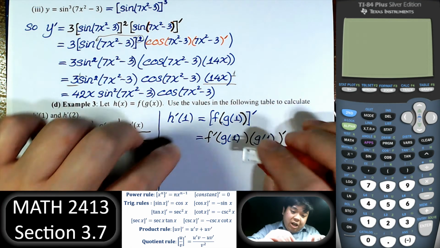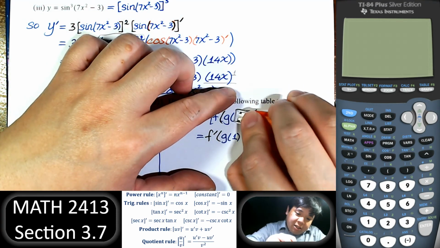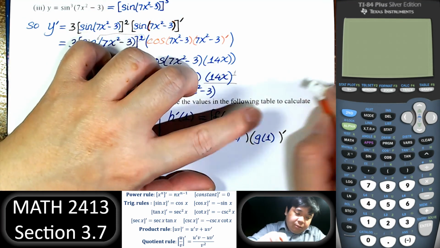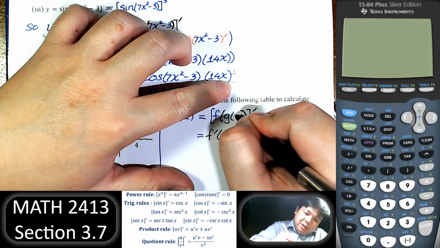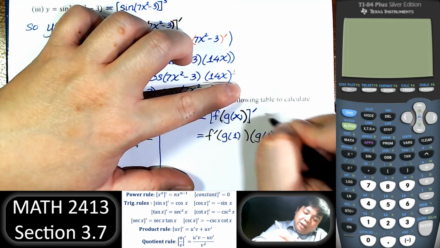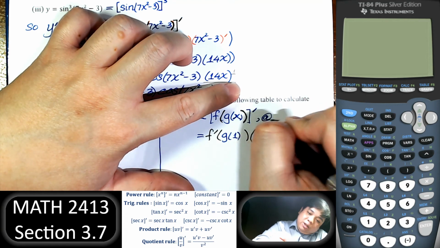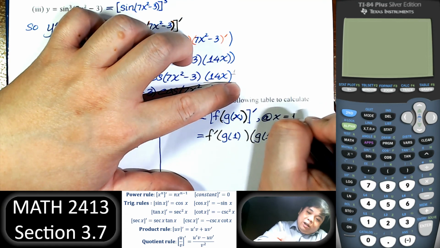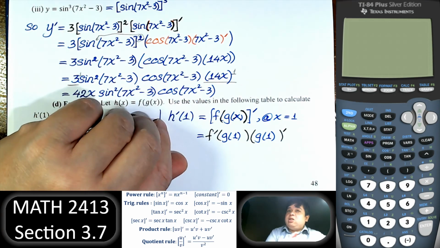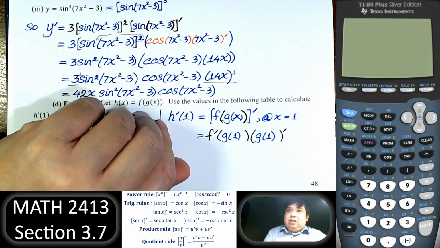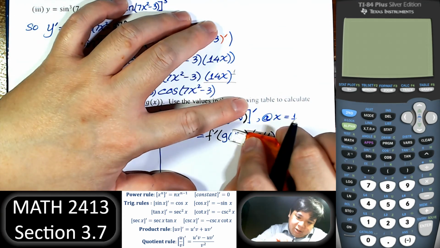So what we do instead, just leave that in x. And then after that, we say at x equal to 1. We take the derivative of the function first, and then put 1 into it. So we're just going to give an x here.